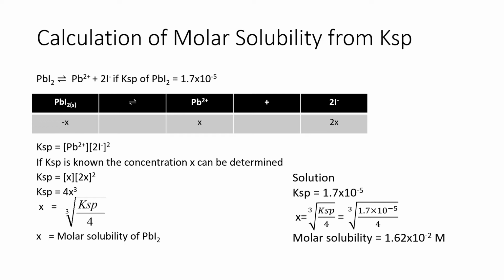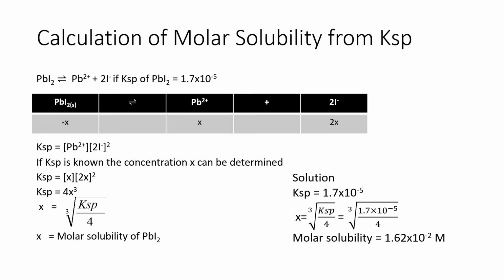So the calculation is very simple. I just replace Ksp with 1.7 times 10 to the power of -5, which is a Ksp value. You don't have to memorize those values. They will be given to you. Solve for X. And in this case, the molar solubility is equal to 1.62 times 10 to the power of -2 moles per liter.